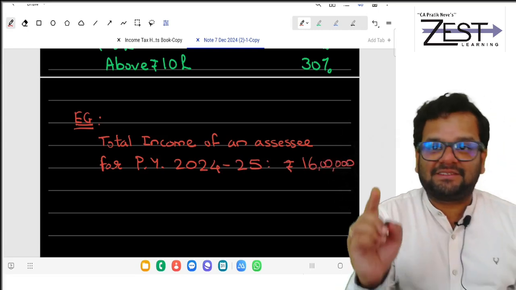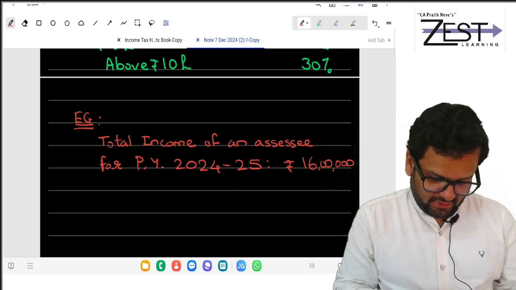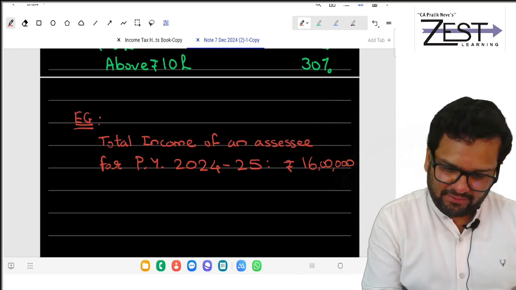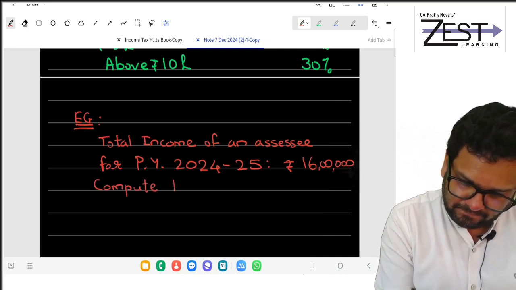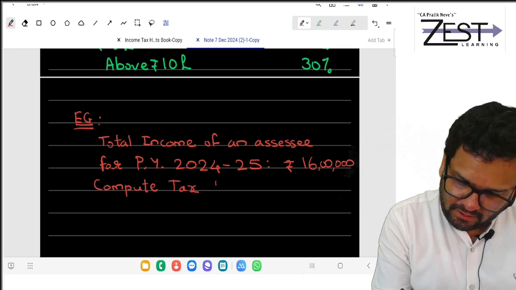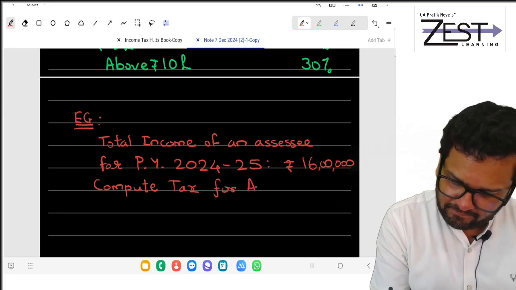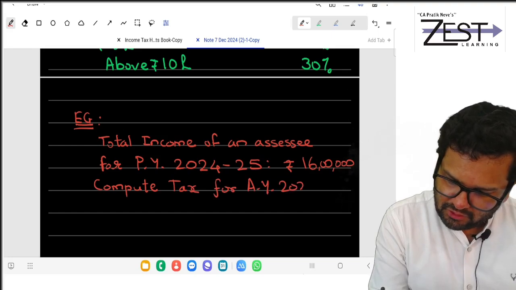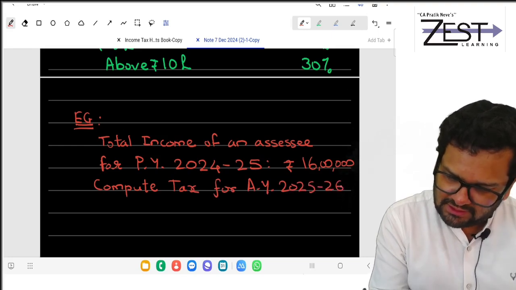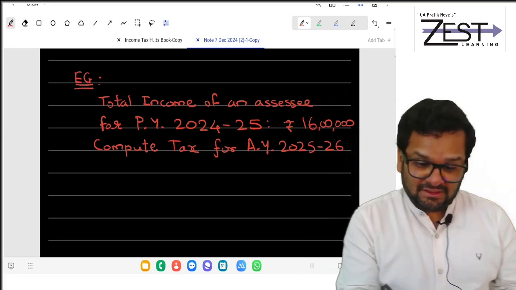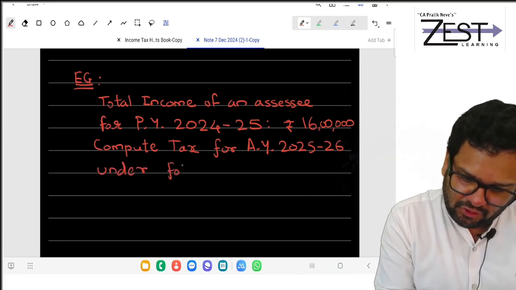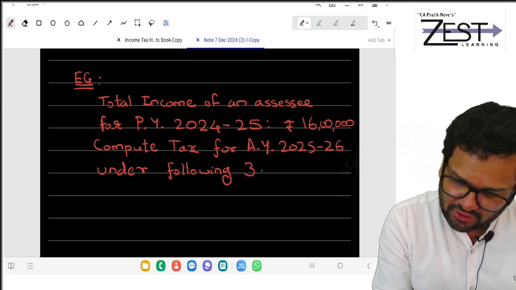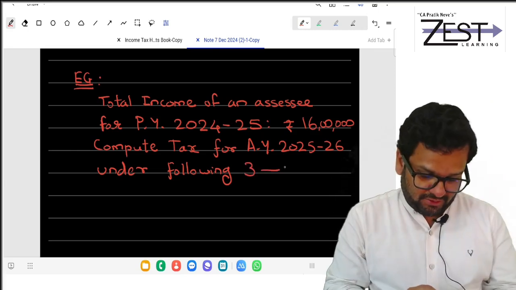Same 16 lakhs. Compute tax liability for AY 25-26 under 3 possibilities. Under following, no prizes for guessing. What will be the 3 possibilities?